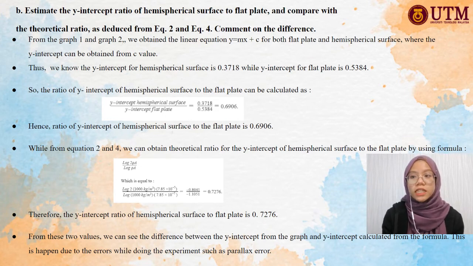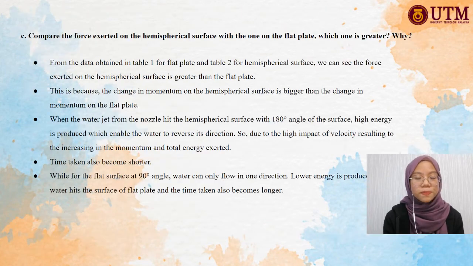From these values, we can see the difference between the y-intercept from the graph and the y-intercept calculated from the formula. This happened due to errors while doing the experiment, such as parallax error or systematic error.